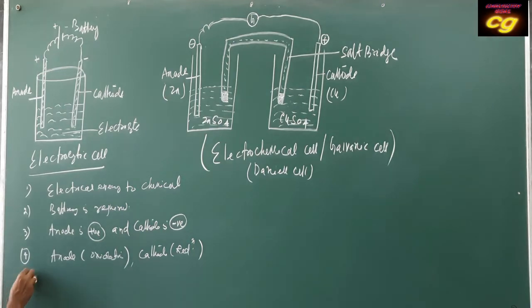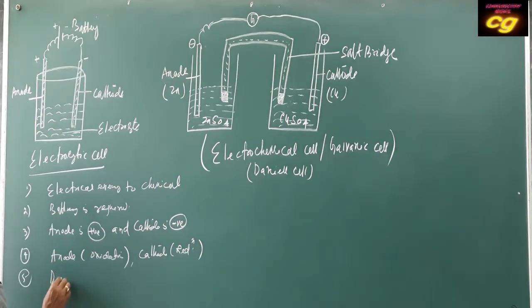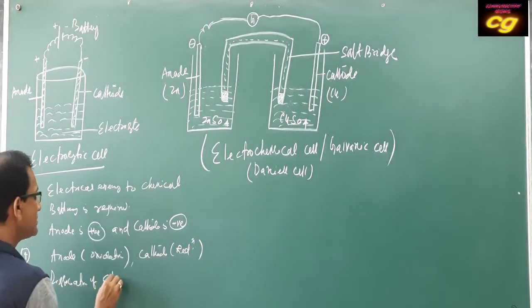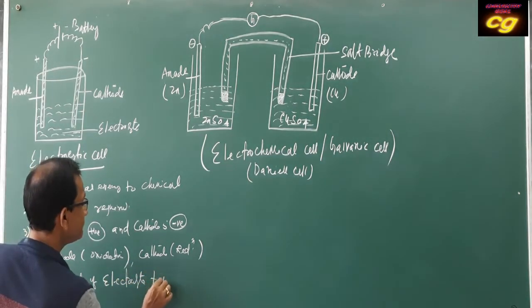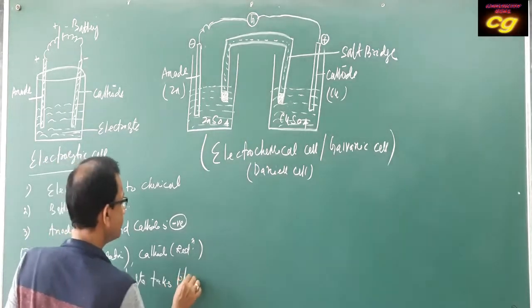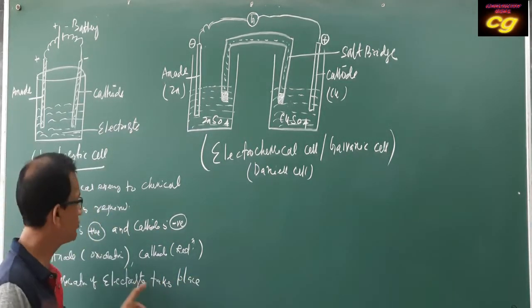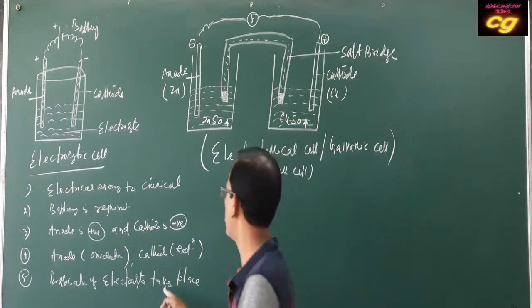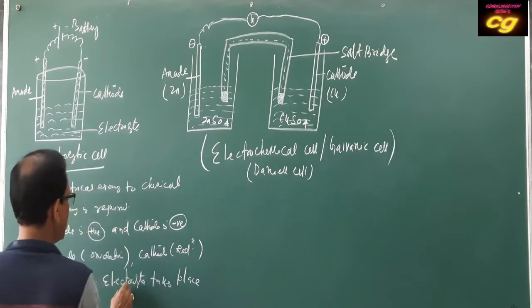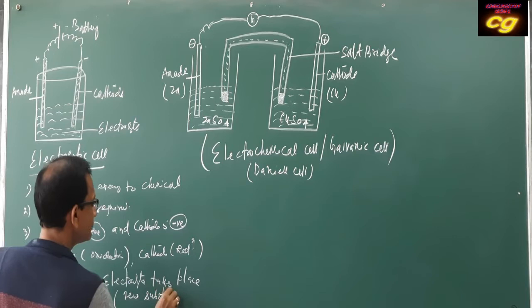So, when electricity passes, dissociation of electrolytes takes place. That is, you can say, a chemical change. Due to dissociation of electrolytes, new substances are produced.